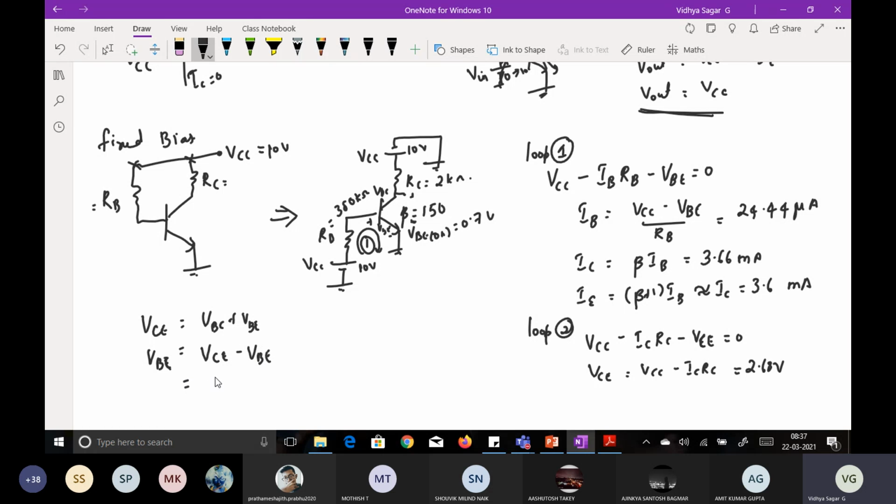So what will it be? VCE is 2.68 minus 0.7. 1.9 volts. Fine. So VBC is a positive value.